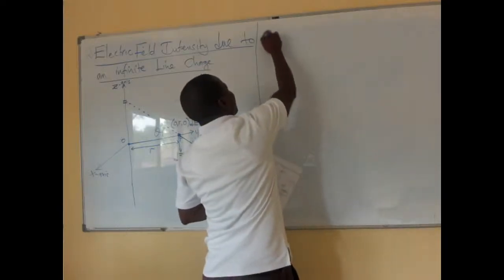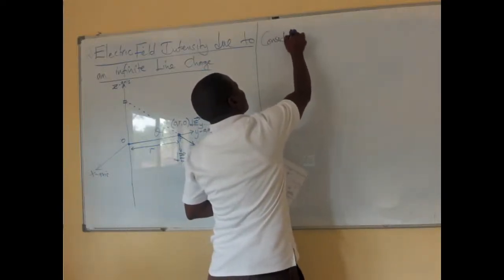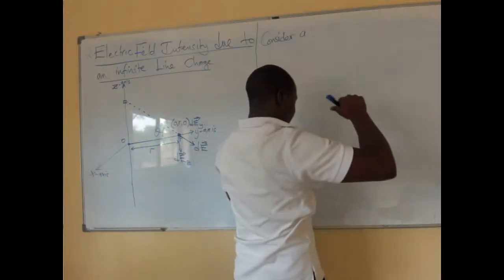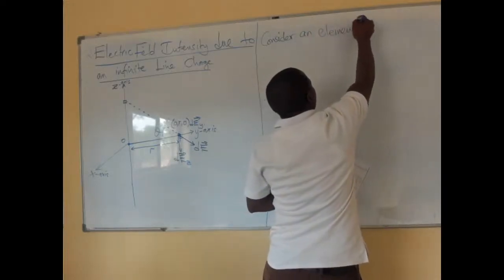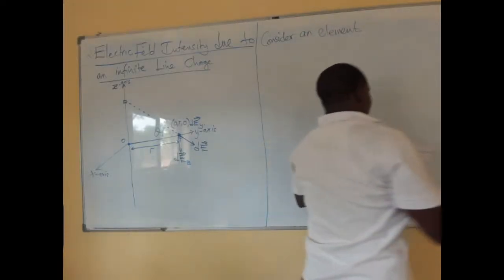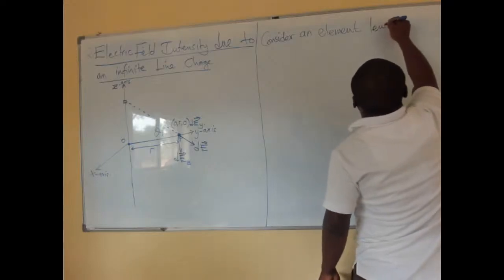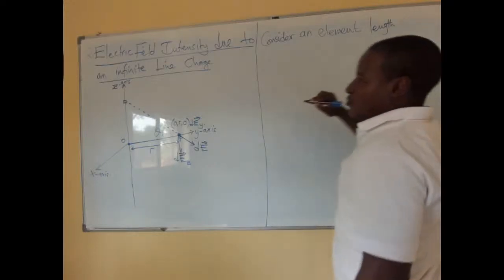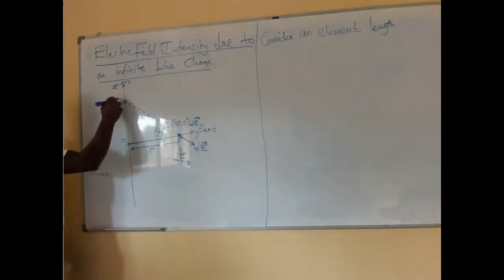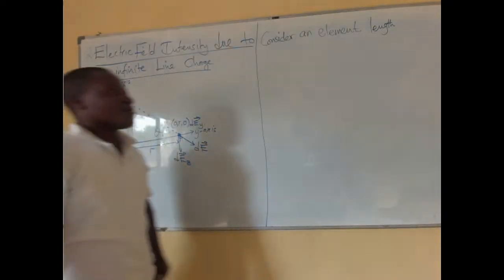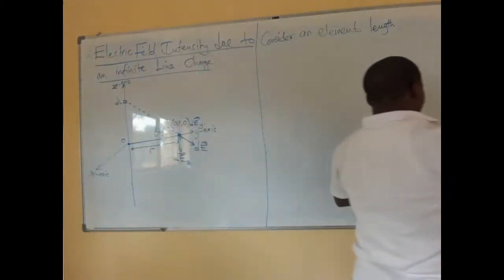So now we consider an element length. We consider just a small element here, which we are calling dL. That is the one that we are looking at.